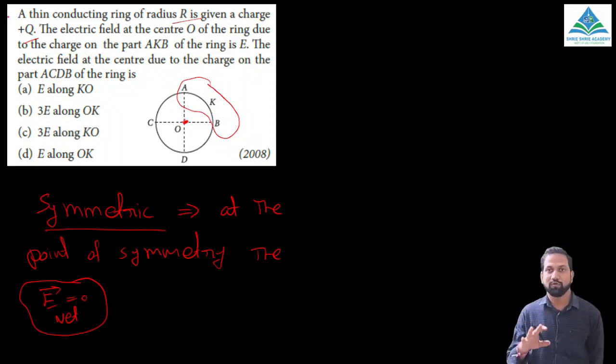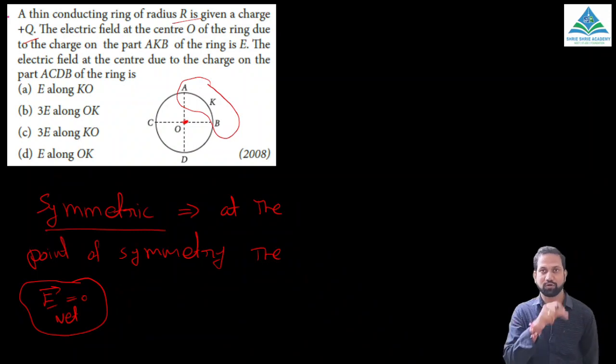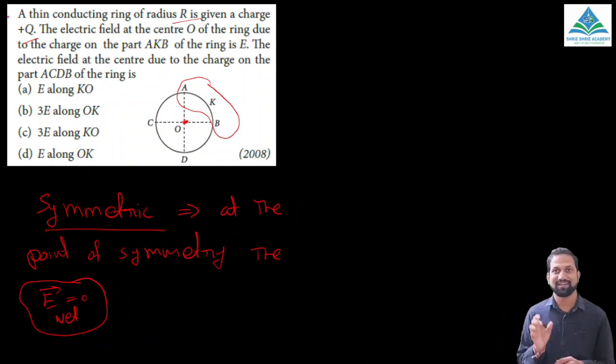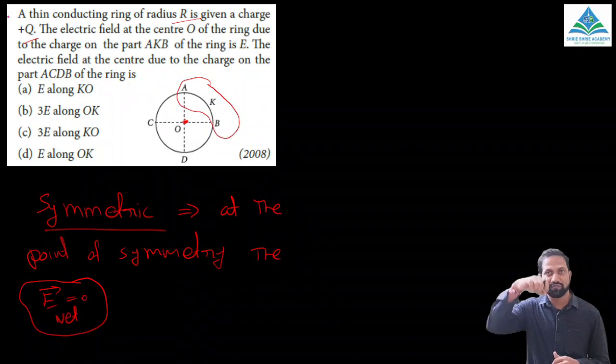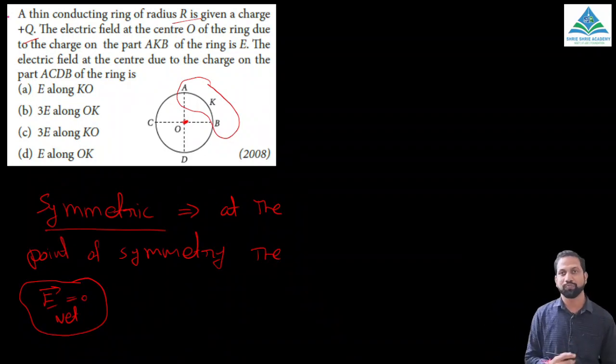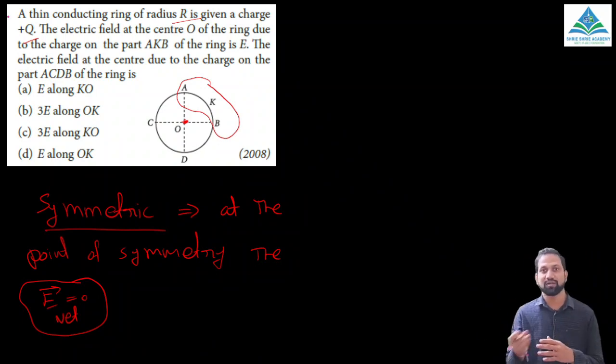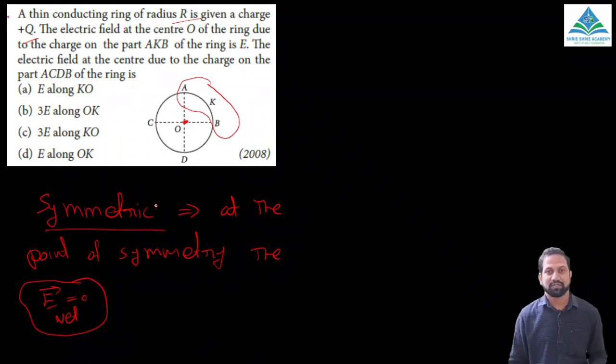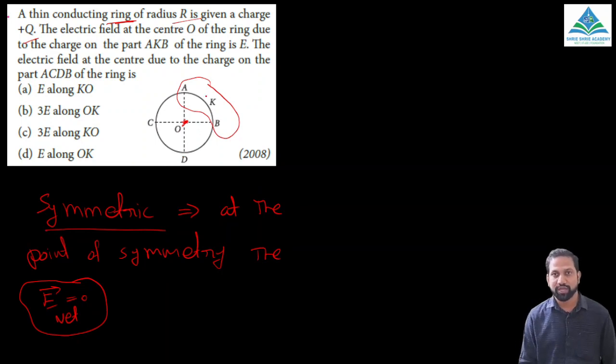Suppose there are 4 equal charges placed on the 4 corners of a square of side A, then the center of the square will be the point of symmetry. Then at the center of the square, the net field will become 0, right? And instead of a square, here we have a circle, the ring. So the net field should be 0, but due to the AKB part, the field is E, okay. Let us draw the diagram.